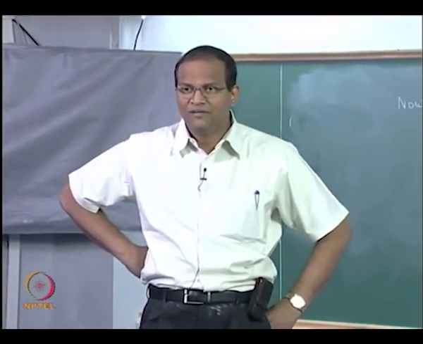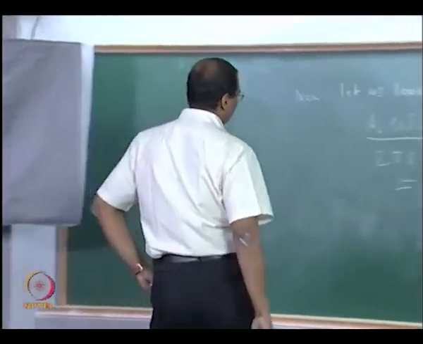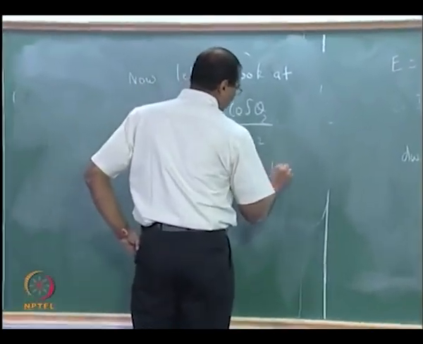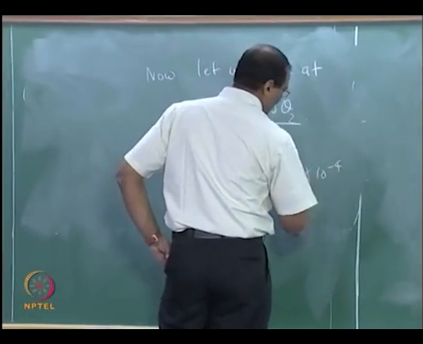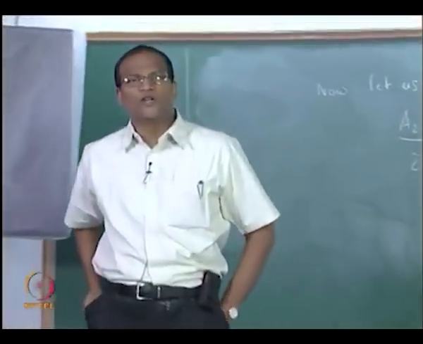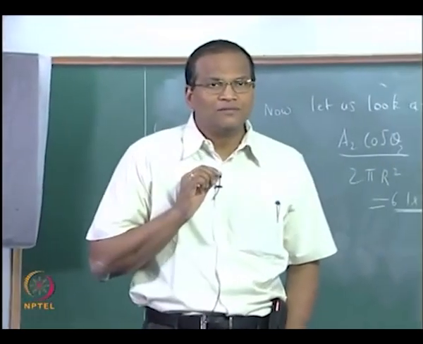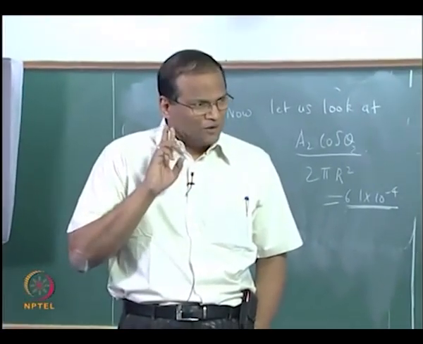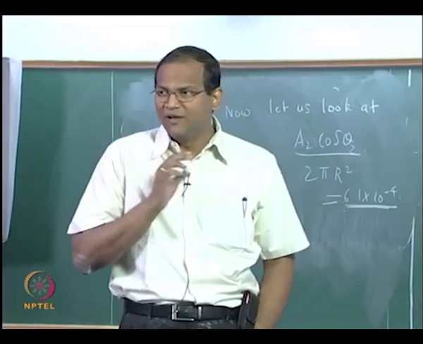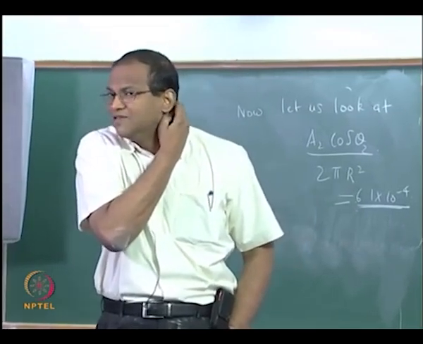To cut a long story short, if A2 were to be a hemisphere, it would capture all the radiation which is coming from A1, but since it is a small area, it receives only that much radiation.